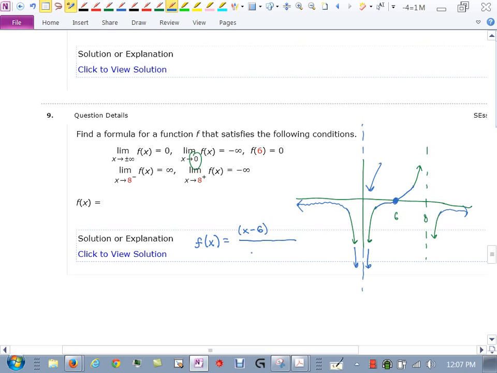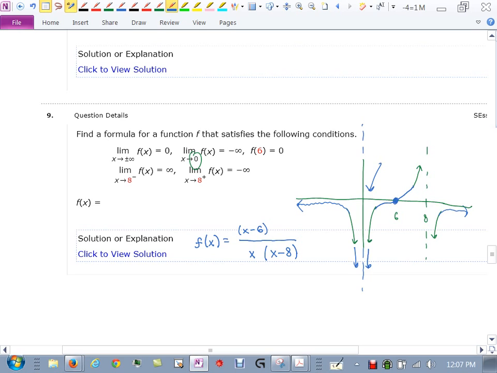In other words, when I plug in x equals 0, I need it to be undefined. If I plug in 0 right now, it's going to give me an undefined here. So I should put an x here. Now, the fact that they both go to infinity, negative infinity, means I'll have to resolve this. Let me put the other pieces together and we'll get all the signs correct. I also need another asymptote at positive 8, so I need minus 8 down here.